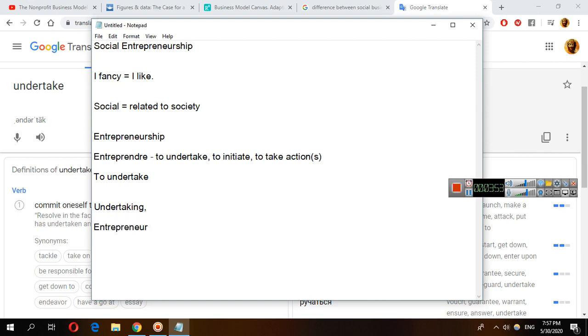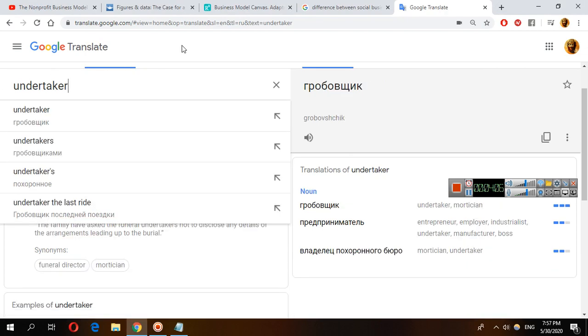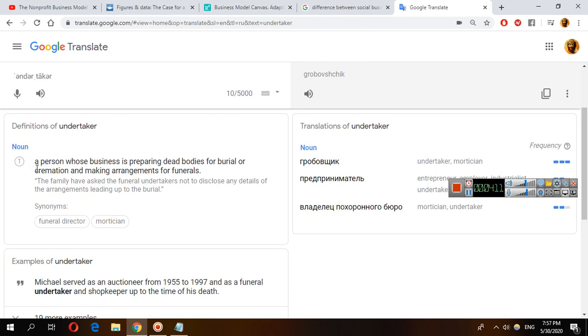Entrepreneur could be undertaker. Well, some of you may know why we don't use undertaker for entrepreneur, but for those who don't know, let's try and see. Right, a person whose business is preparing dead bodies for burial or cremation and making arrangements for funerals, right?